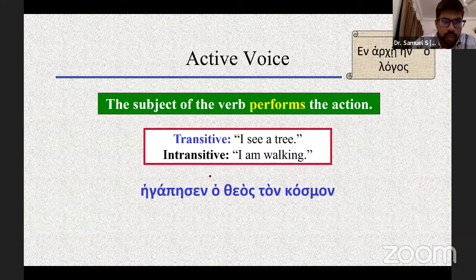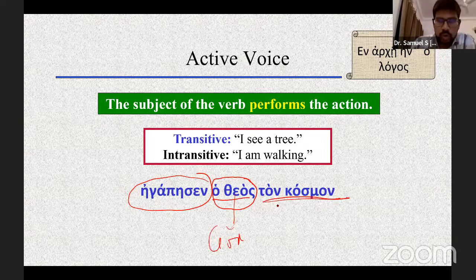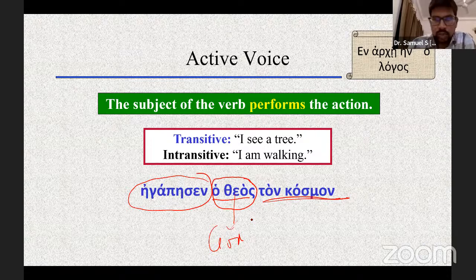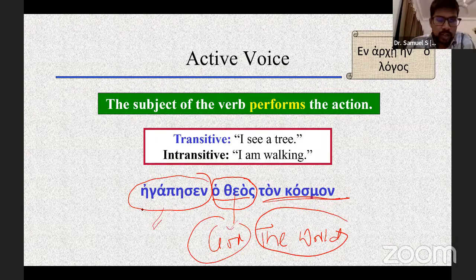So here, egapesen ho theos ton kosmon. Ho theos, nominative masculine singular, God. Ton kosmon, accusative masculine singular, the world. And the verb here is egapesen. You may recognize this. It looks very close to agape.